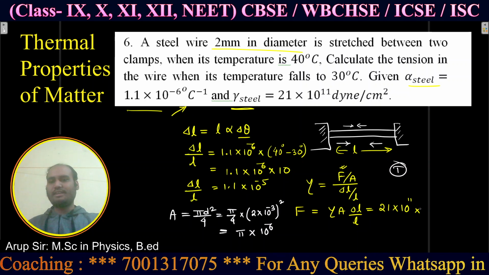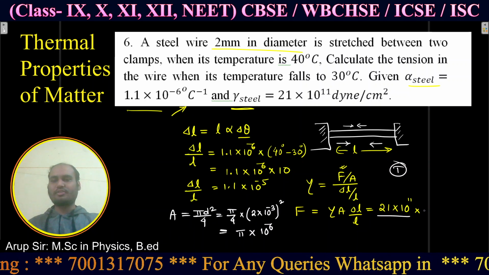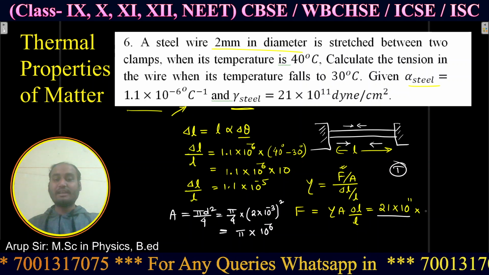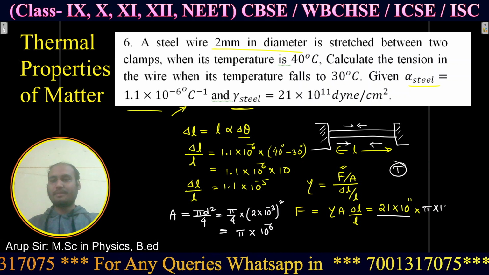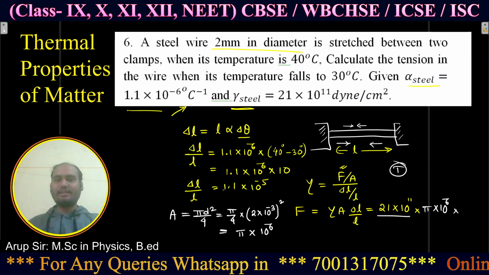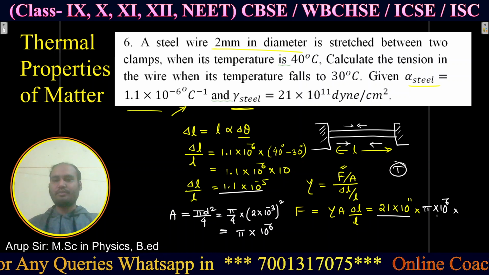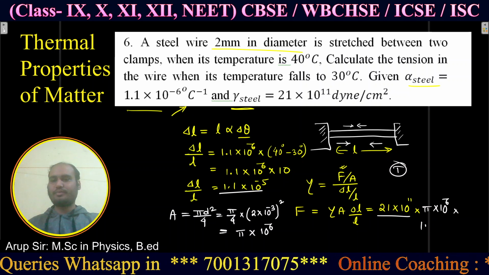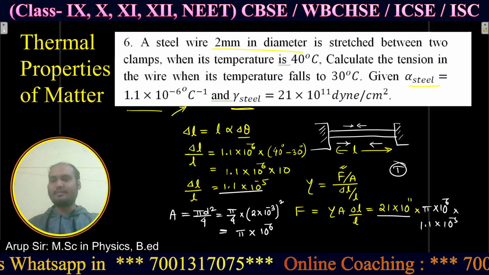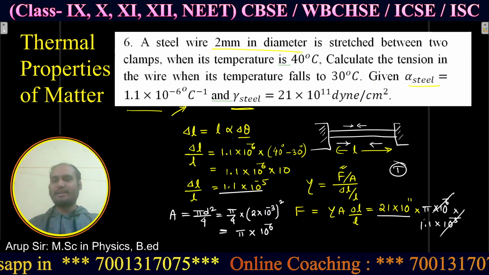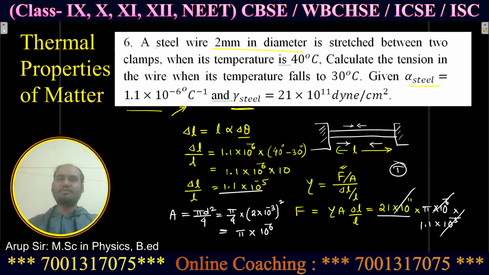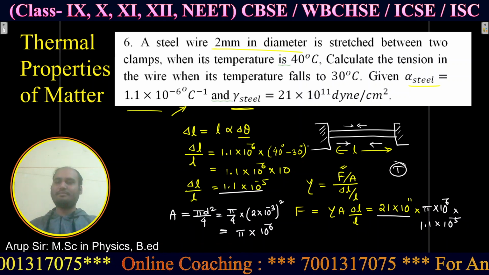Now if we put it here, this much was Young's modulus Y, A is pi into 10 to the power minus 6, and delta L by L is 1.1 into 10 to the power minus 5. Now the minus 6, minus 5 and 11 cancel because minus 5 minus 6 is minus 11.